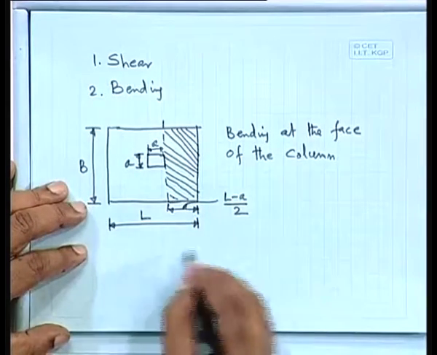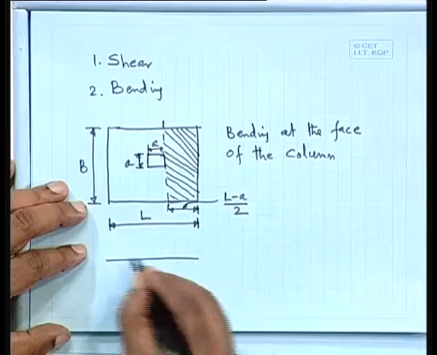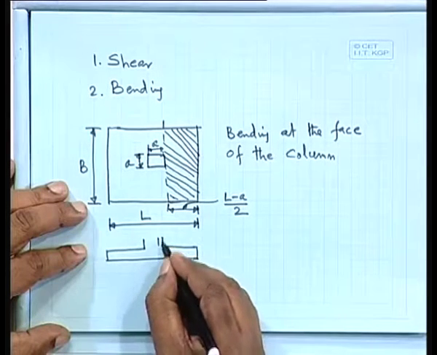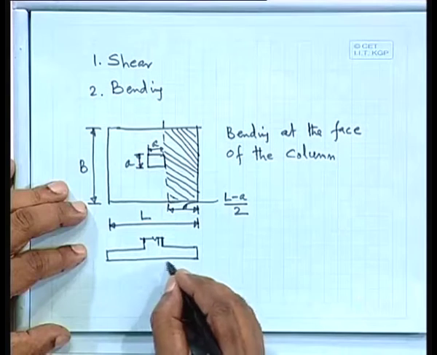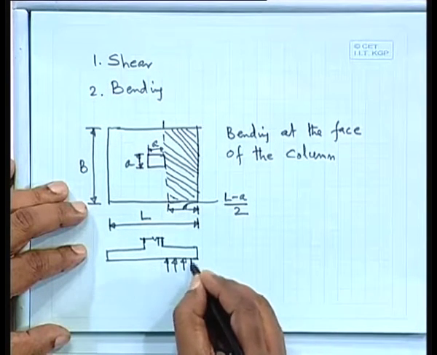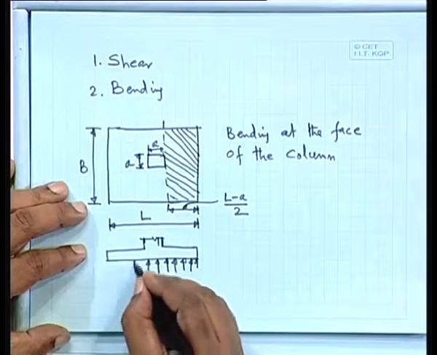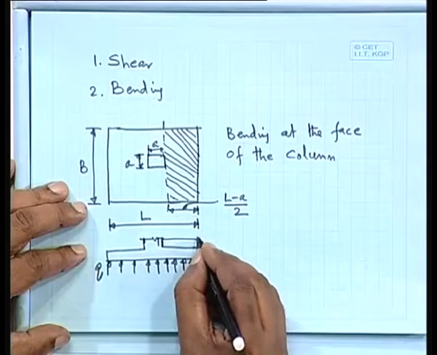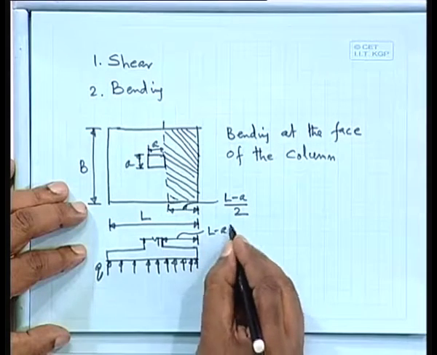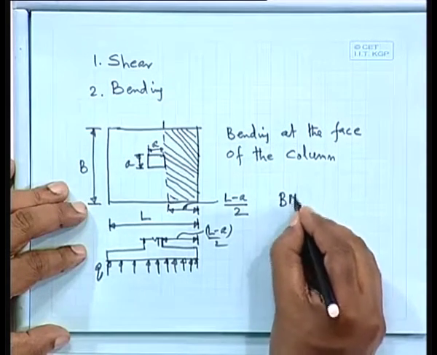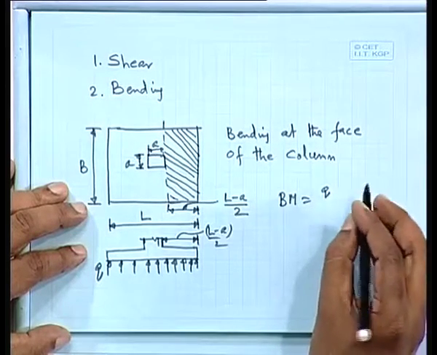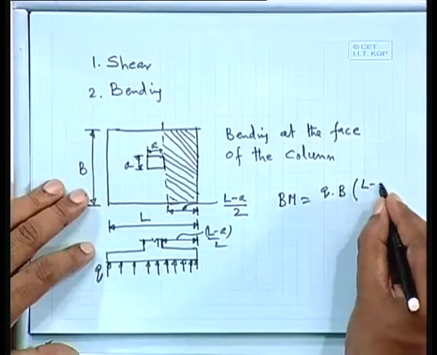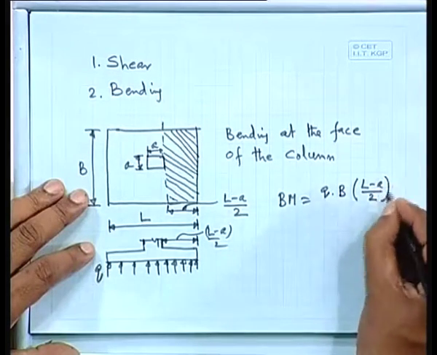So if Q is the load, this is your Q, and this length is L minus A by 2.